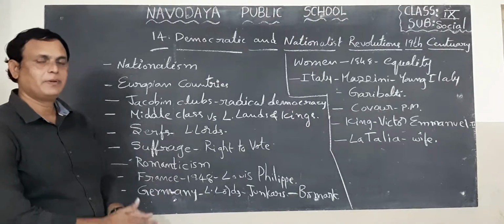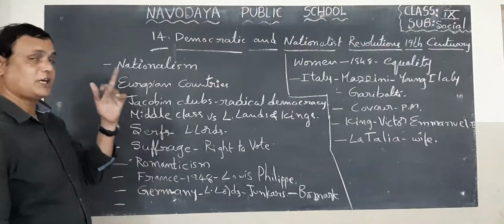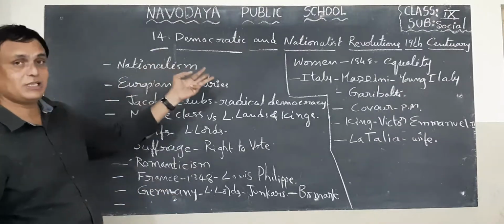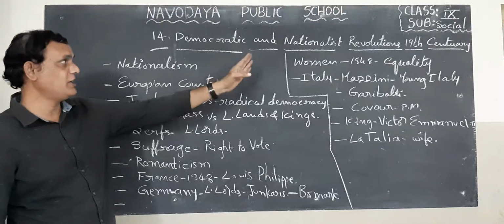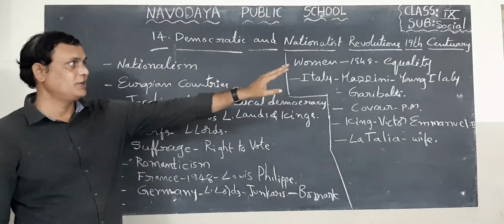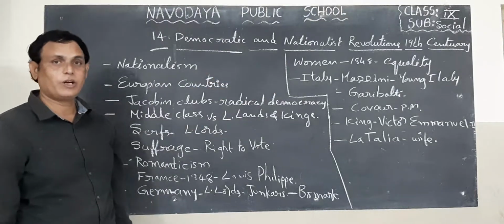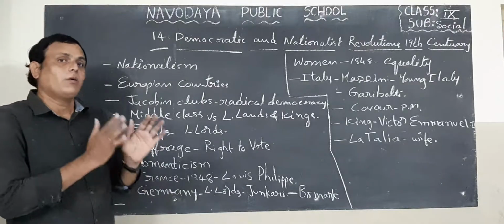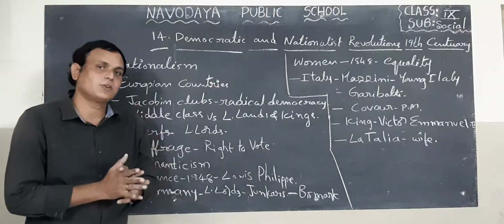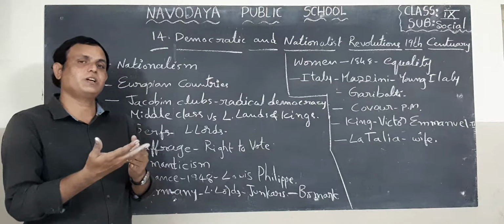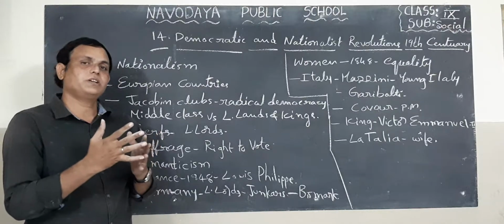Good morning, children. Now this is 9th class social studies, 14th lesson, democratic and nationalist revolutions, 19th century. In the previous lesson also I spoke about some countries. What are the countries in Europe?